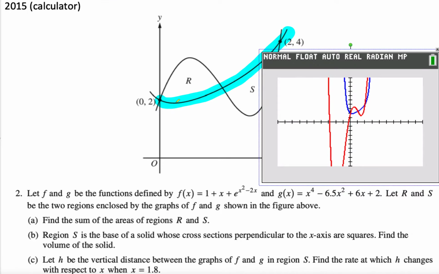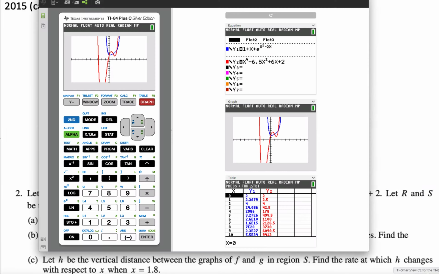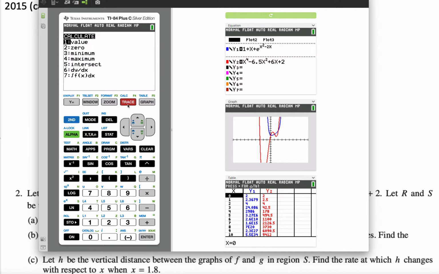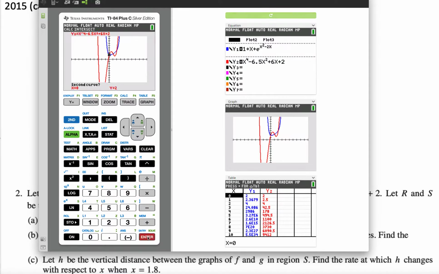So from here, I'm looking for this intersection right over here. How am I going to find that? I'm going to go for intersection. So second, calc, intersect number 5, first curve, second curve. I just have to go near when I guess around there. So it was 1.83. Oh, no, actually 1.032.